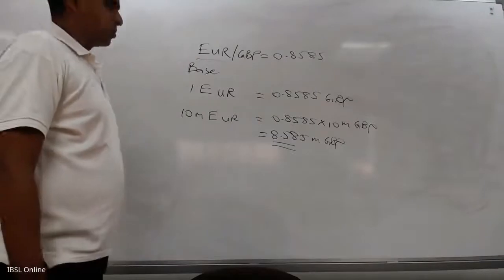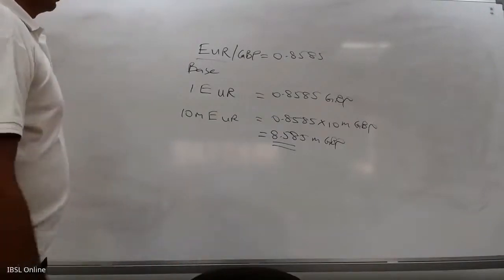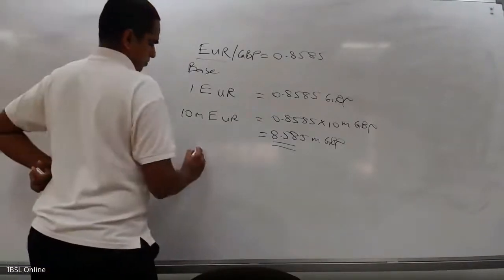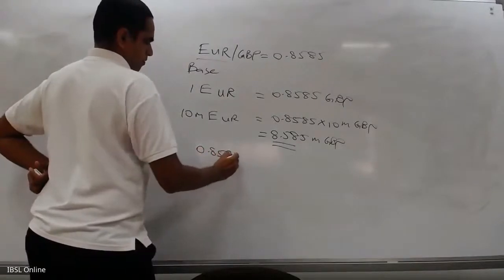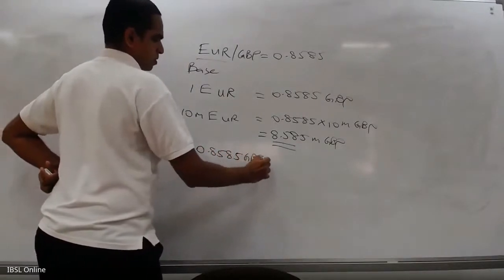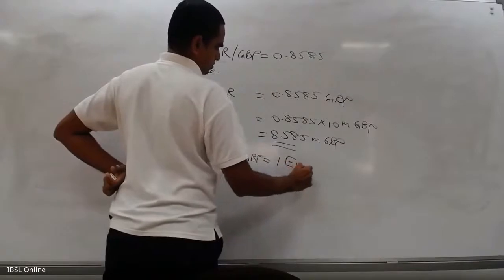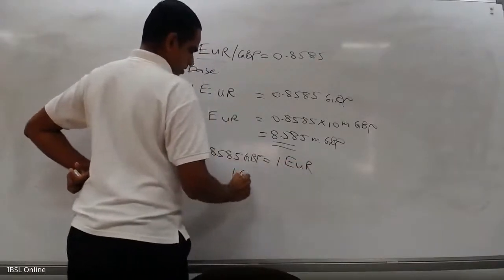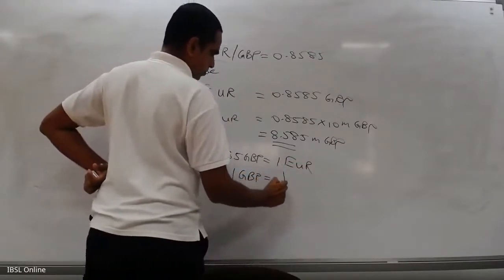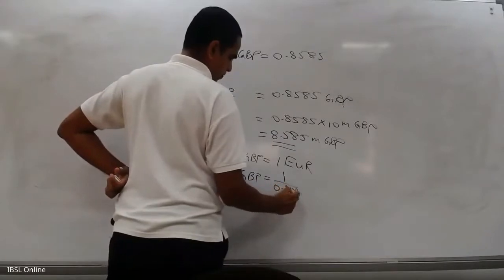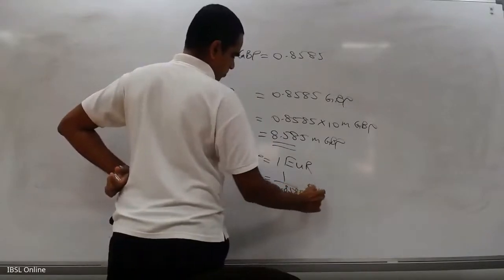How much can you get in euro? 0.8585 sterling will buy you 1 euro. So 1 sterling buys you 1 over 0.8585 euro.